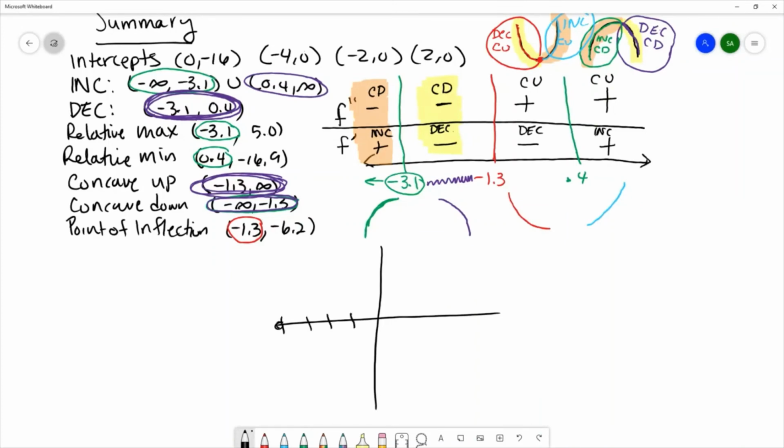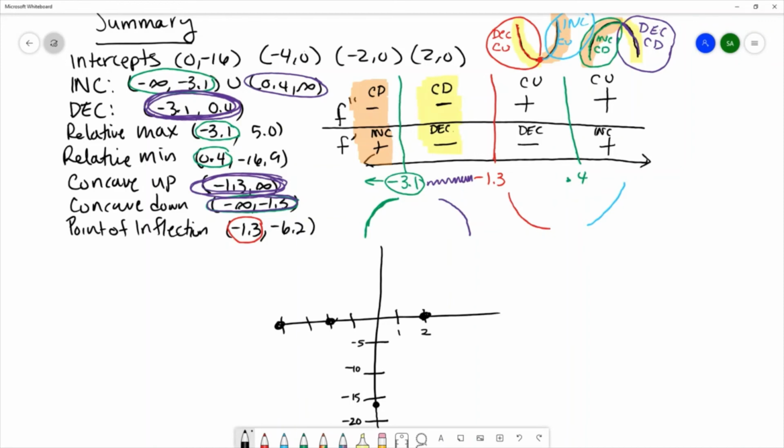And my y-intercept is -16. So I don't want to draw 16 tick marks, so I'm going to count by 5s: 5, 10, 15, 20. These are going by 1s, and these are going by 5s. So my y-intercept is at -16, which will be about here.